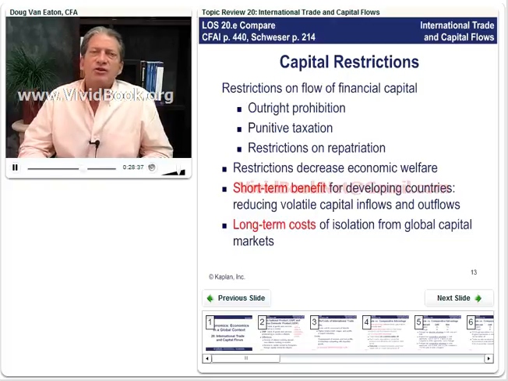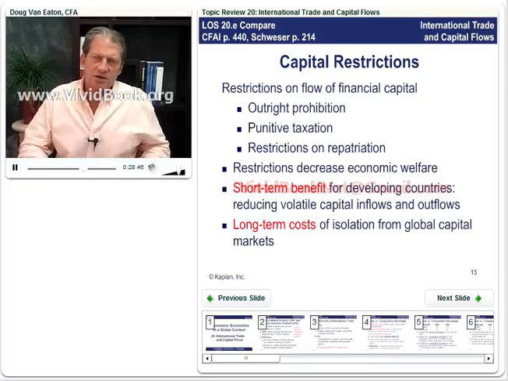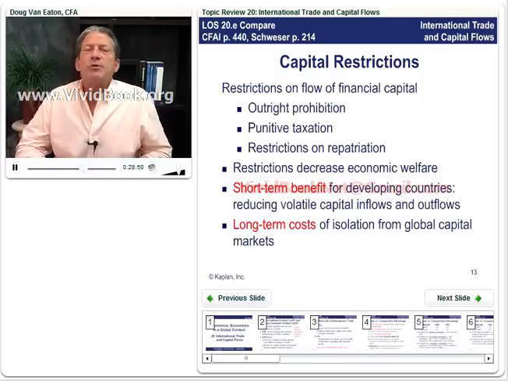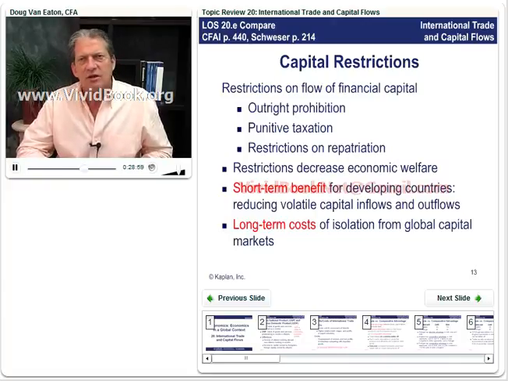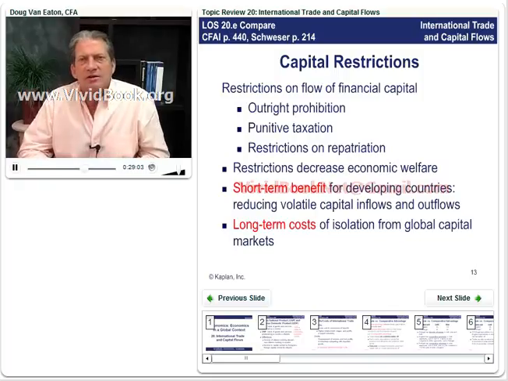Now, this could have a short-term benefit, though. When you have developing countries, and sometimes capital flows in, right? We saw this in some of the Asian countries over the last 15 years or so. Capital flows into the country, but then when things aren't going so well there, the growth isn't so well, there's any kind of unrest, turmoil, uncertainty, things like that, then the foreign capital leaves very quickly as well.